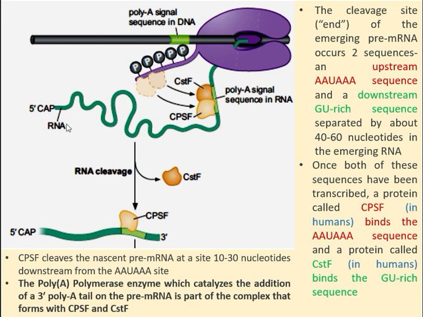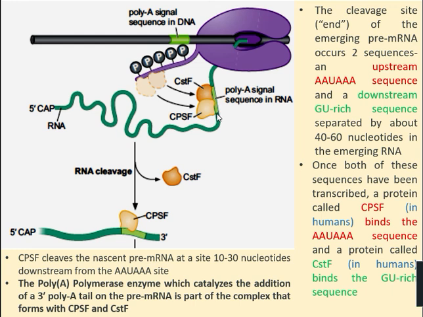You just look at this RNA. This is the transcript. Imagine this particular region is the actual end site. So, how can it be recognized? The end site of the mRNA will have two sequences, one upstream, that is before it, and one downstream.